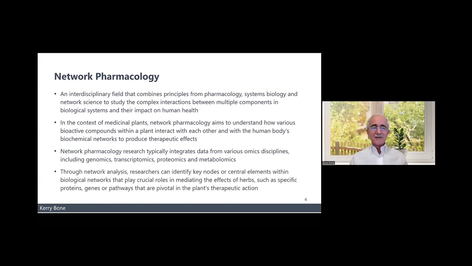A few tongue twisters to get us started. Through network analysis, researchers can identify key nodes or central elements within biological networks that play crucial roles in mediating the effects of the herb under study, such as specific proteins, genes, or pathways that are pivotal to the plant's therapeutic action.